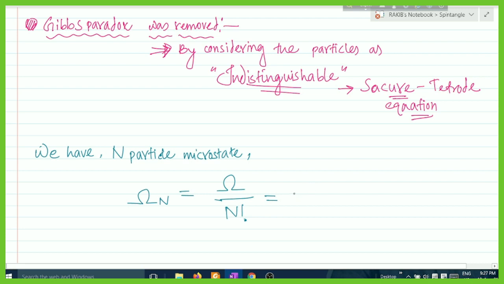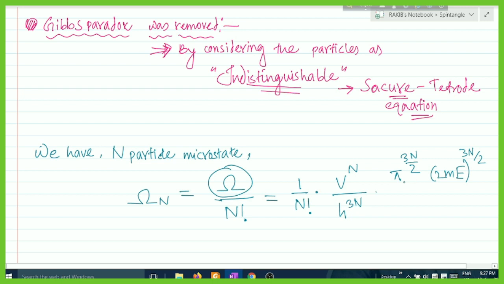I am putting this on the right hand side: 1 by n factorial, times what was given in our previous calculation: V to the power n by h to the power 3n, times pi to the power 3n by 2, 2m e to the power 3n by 2, divided by 3n by 2 factorial. I think I am correct in this situation.